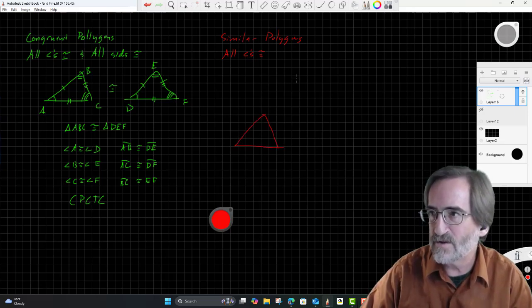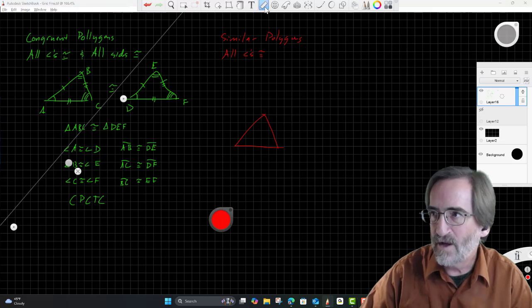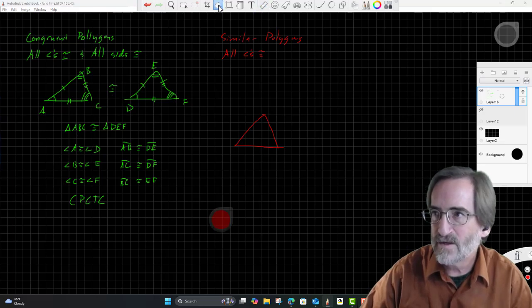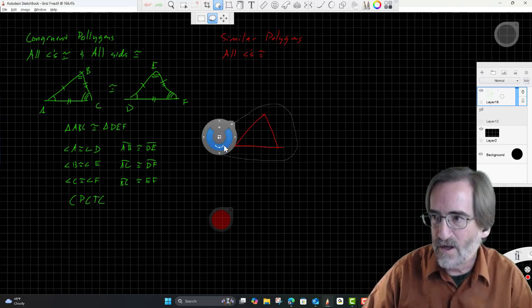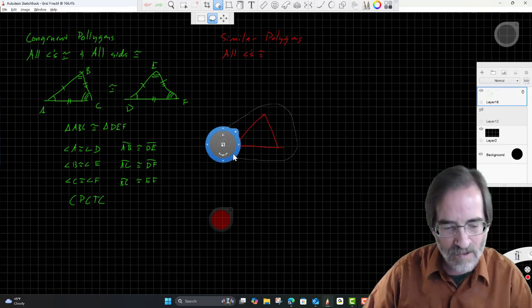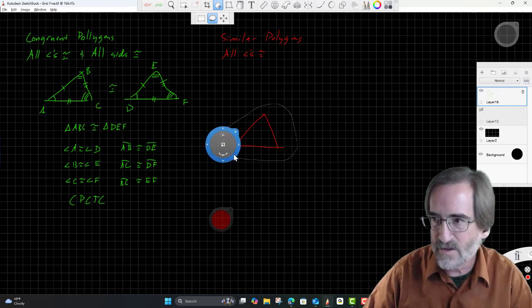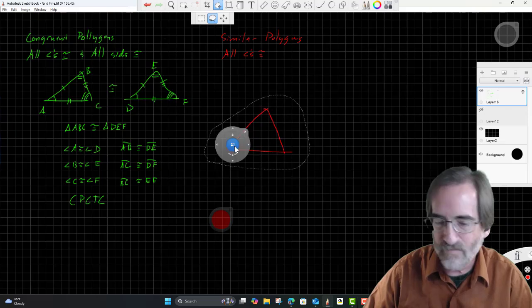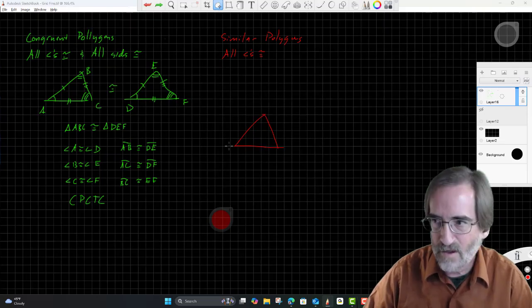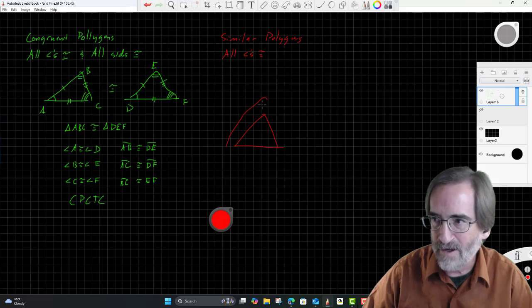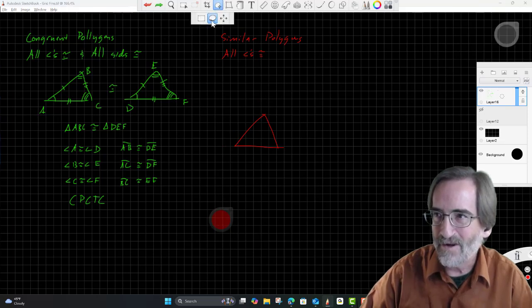So if I take this triangle and I copy it using my computer and paste it, and copy and paste and grow, whoops, try copying it again, get my software to work the way I expect it to.